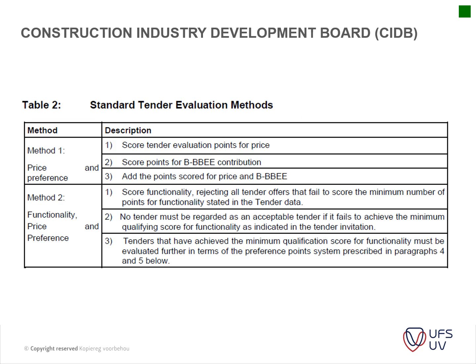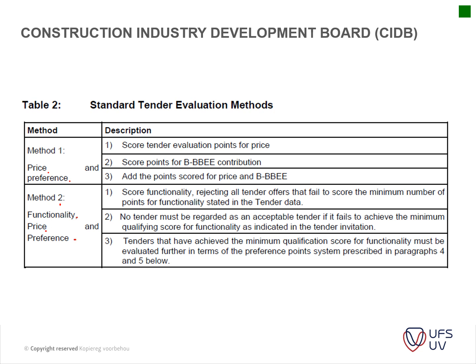Then we look at the standard tender evaluation methods. According to the CIDB, there's a couple of tender processes when looking at tenders. So you've got method 1, which looks at the price and preference. And then we've got method 2, which looks at functionality, price, and preference.